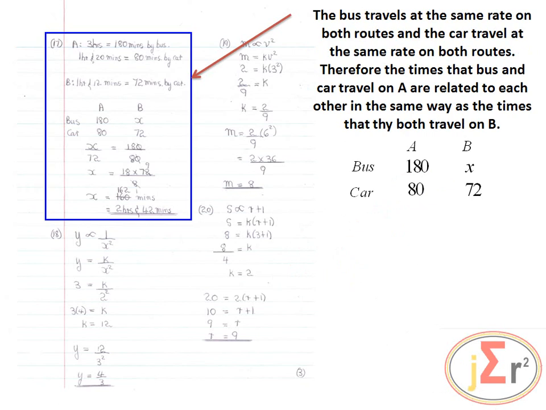The bus travels at the same rate on both routes, and the car travels at the same rate on both routes.